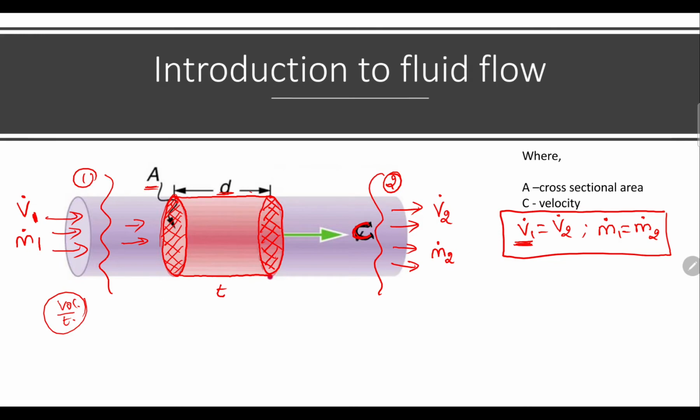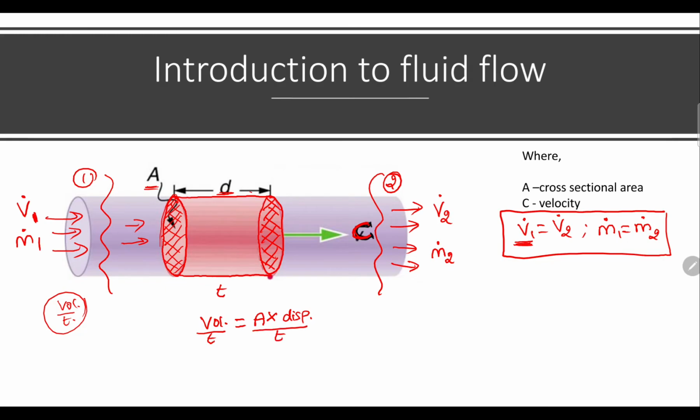So what is the volume of a cylinder? Volume equals the cross sectional area times the length. Here the length is nothing but the displacement. Since I want the volume flow rate in a certain time, I'm going to divide both sides of the equation by time.